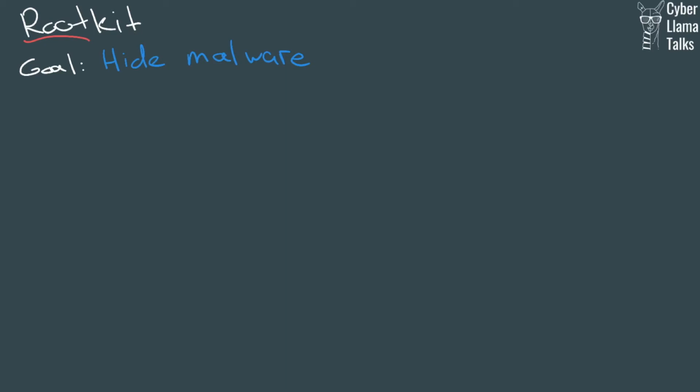The rest of the payload, the rest of the malicious operation on the system, is separate. The main goal of the rootkit is to hide malware. So the question is, of course, hide from whom and hide what?